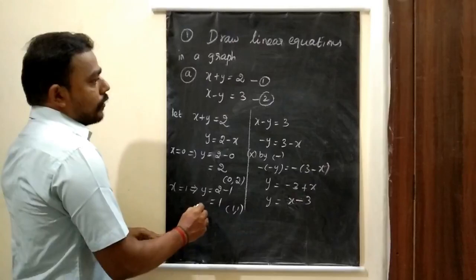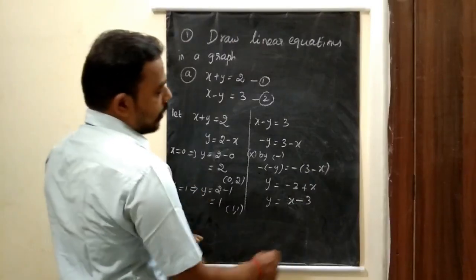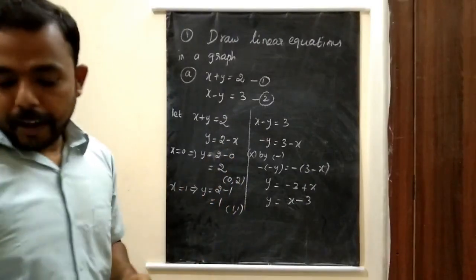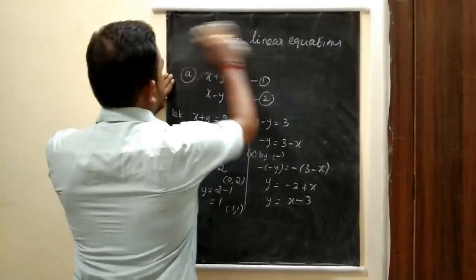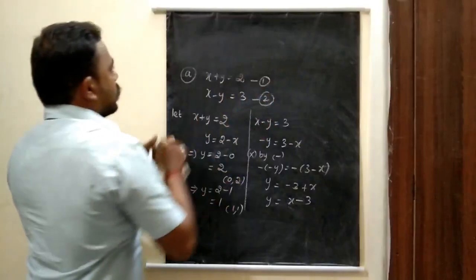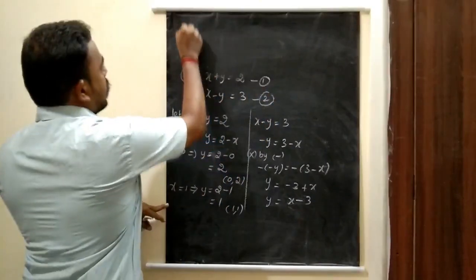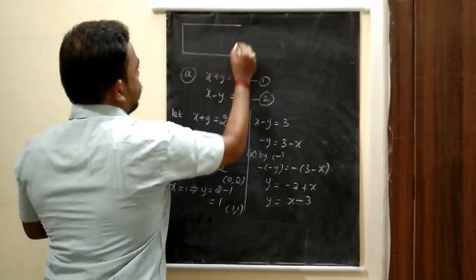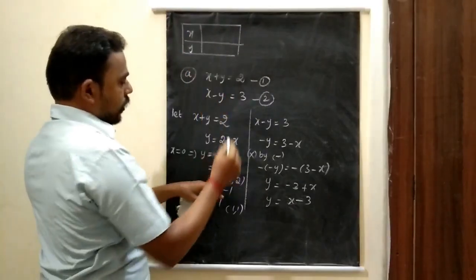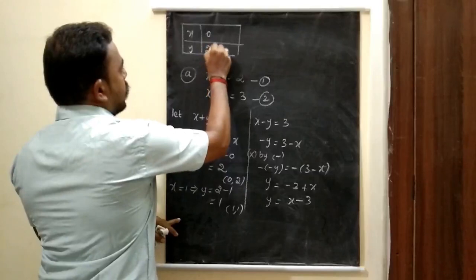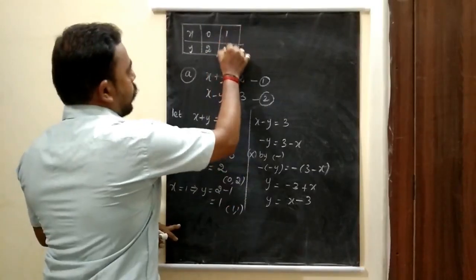So I am going to write the points here: the first one, x, y, 0 comma 2, and the second one 1 comma 1.